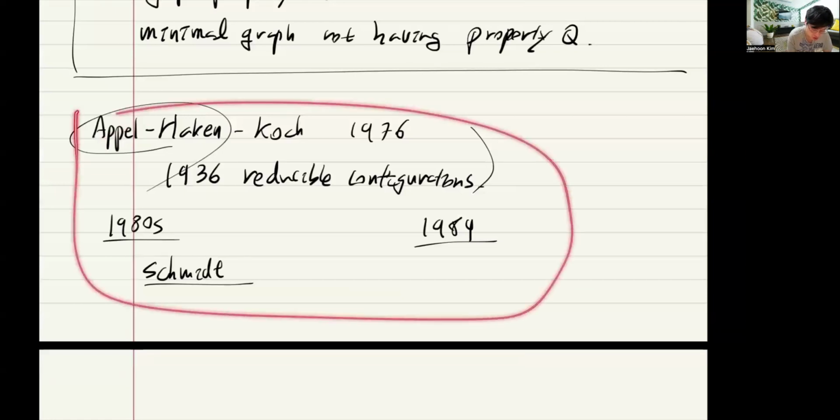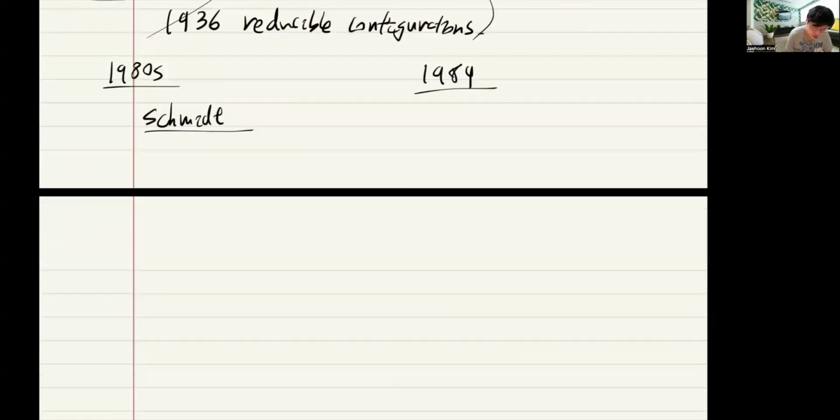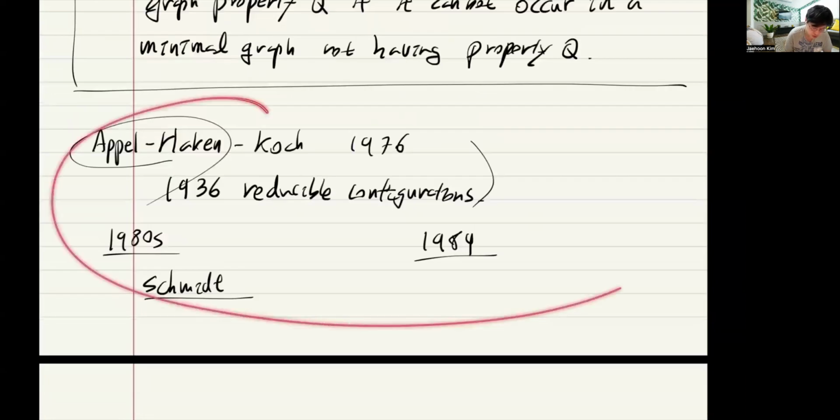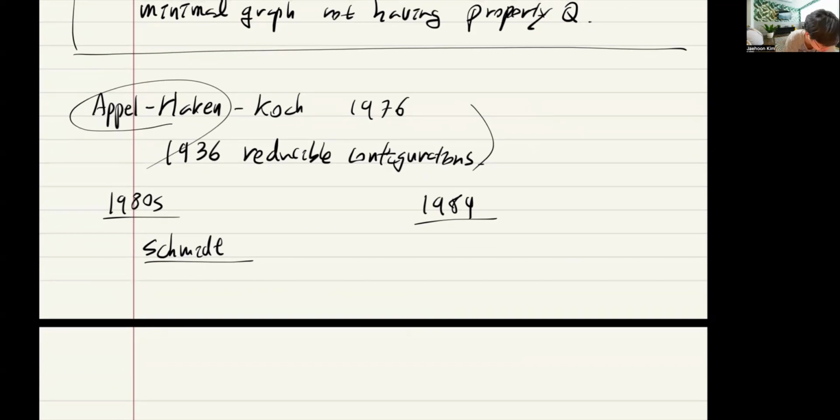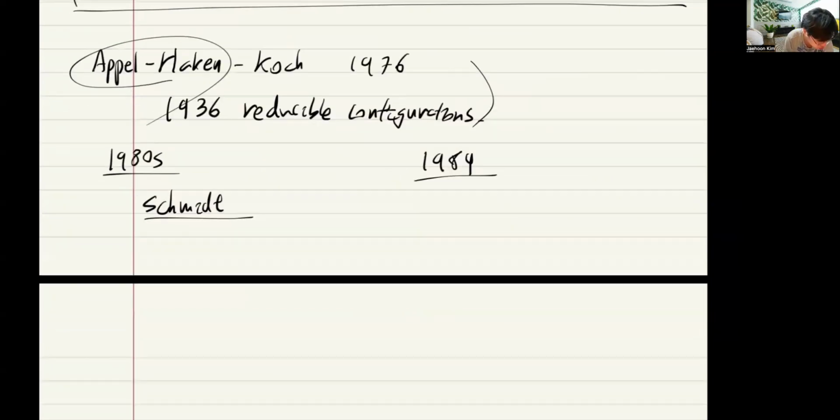But I'm not sure how much people accepted this proof. Some people still have some doubt in the proof, and mostly people agree that it is a proof, but I'm not sure how unanimous the opinion was.